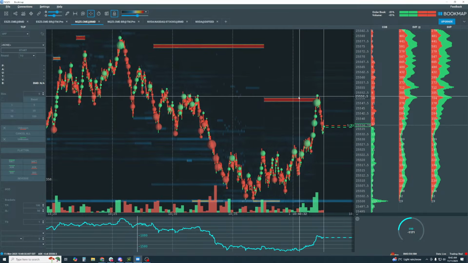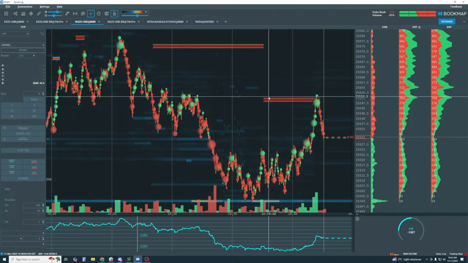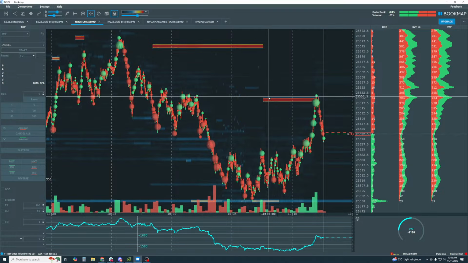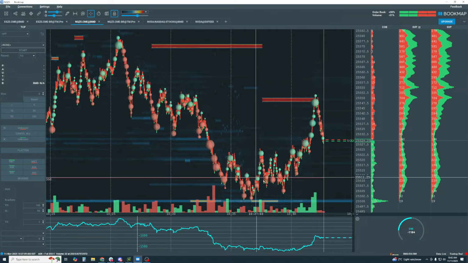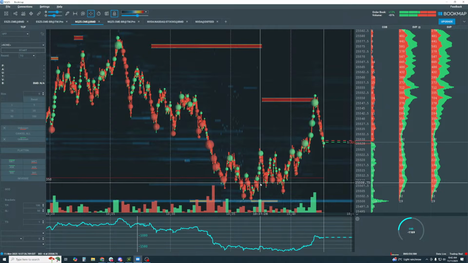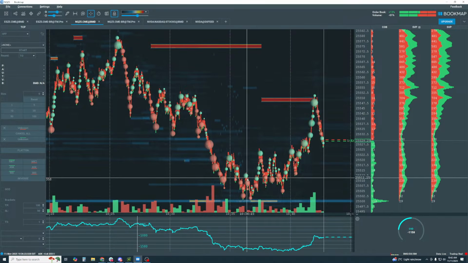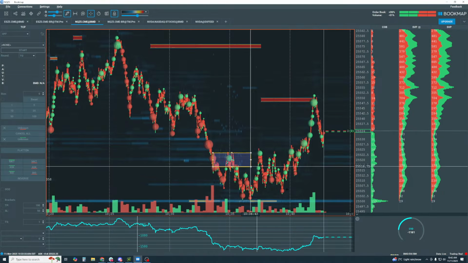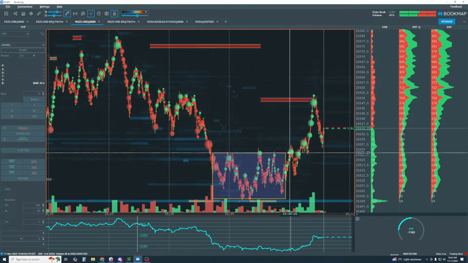Guys, you will see, this is a pretty good example of using Bookmap and order flow. You know, this move here, this is like a reversal pattern right in here. Okay, this is your inverse head and shoulders. Here's your measured move right in here.